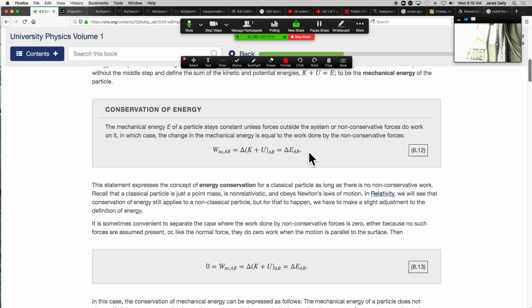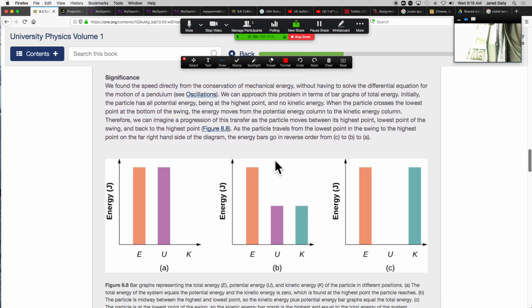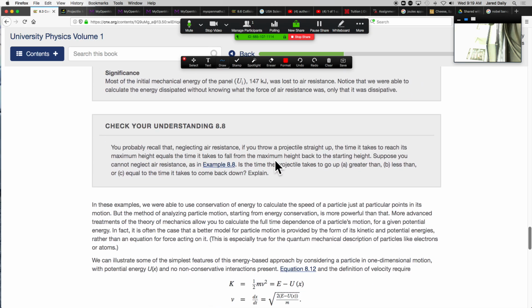The total change in energy between 2 points is equal to the total change in kinetic plus total change in potential energies. So what they've done is they've taken that equation and solved it.